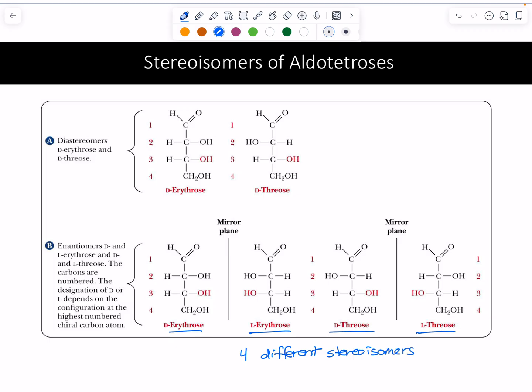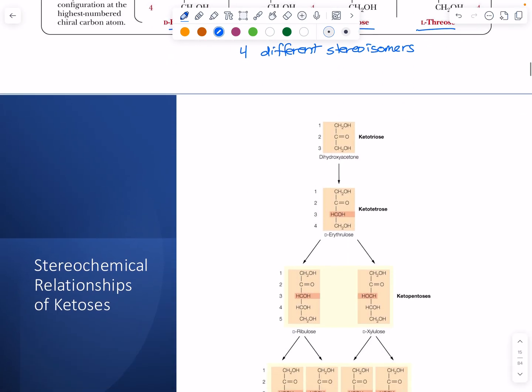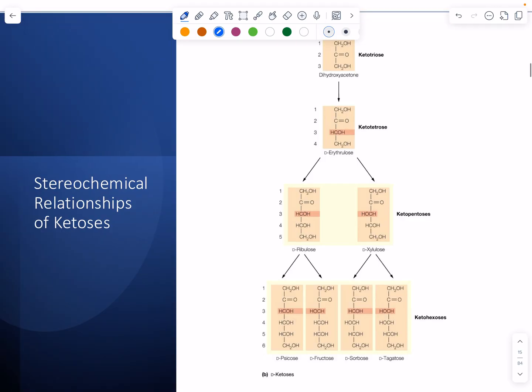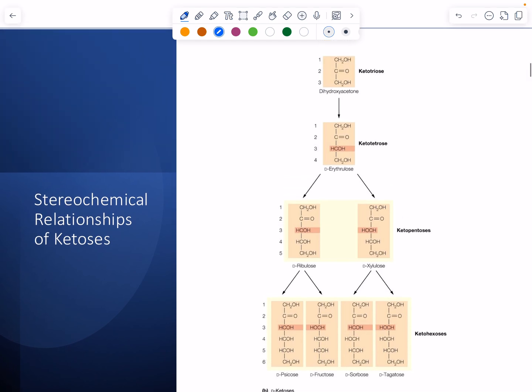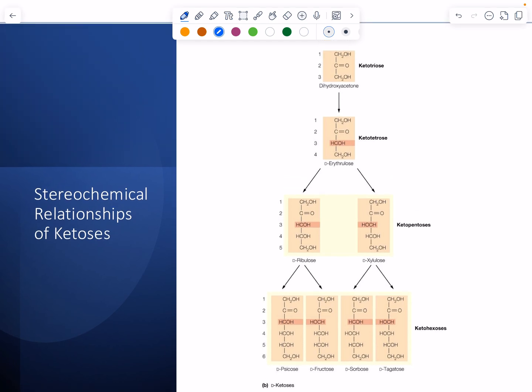Hopefully this gives you a clue that as we increase the number of carbons, we're going to have more and more different stereoisomers. You're going to need more carbons in a ketose to have more stereoisomers than you would for an aldose, because of the position of the most oxidized carbon.